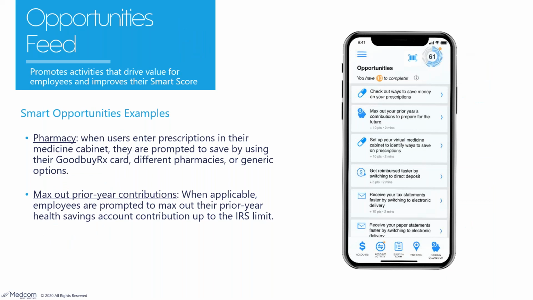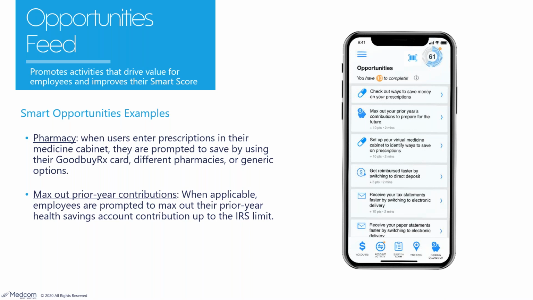So one of the new features includes what we call an opportunities feed. This feed promotes activities that drive value for employees and improve their SMART score, which is also new. You'll notice on the print screen the number in the upper right-hand corner that's listed as a 61. This is the employee's SMART score. So the more opportunities the employee takes advantage of, the higher their SMART score goes.